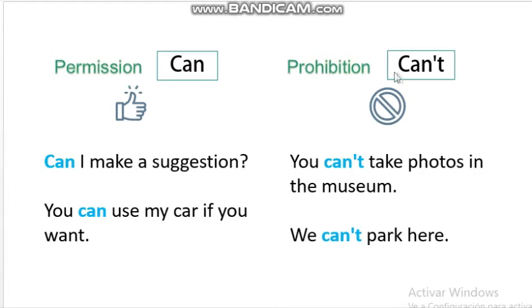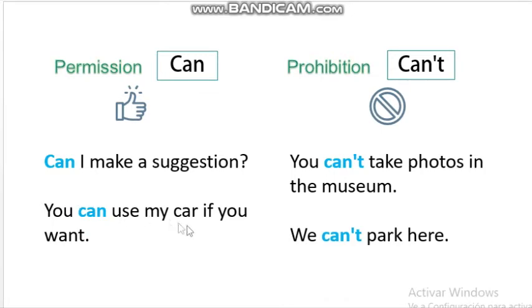We use can't to talk about something that is against the rules. Can't means something isn't permitted, it isn't okay. In this case, with permission, can is okay, can't isn't okay.